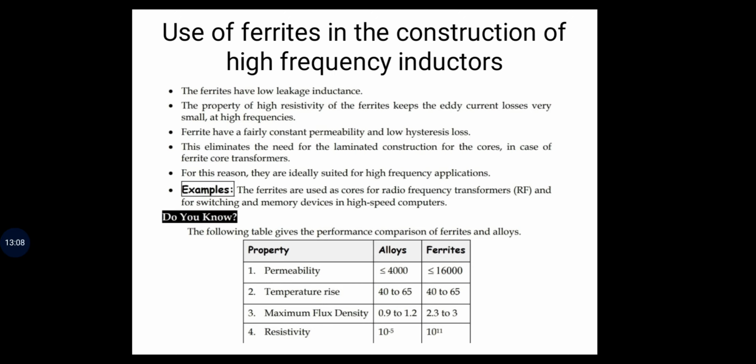These eddy current losses are produced at high frequencies. At high frequencies, the eddy current losses are more. So if you want to reduce eddy current losses, we use ferrite as a core. And also ferrites have fairly constant permeability and low hysteresis loss.